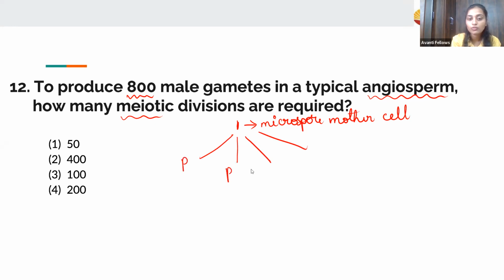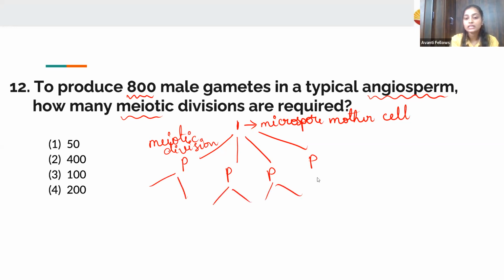Correct? 4 pollen grains. This is the meiotic division. Through the meiotic division, one microspore mother cell produces 4 pollen grains. Then these pollen grains produce 2 male gametes each. Yes, correct.